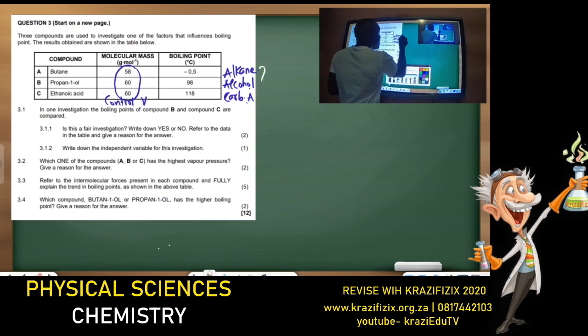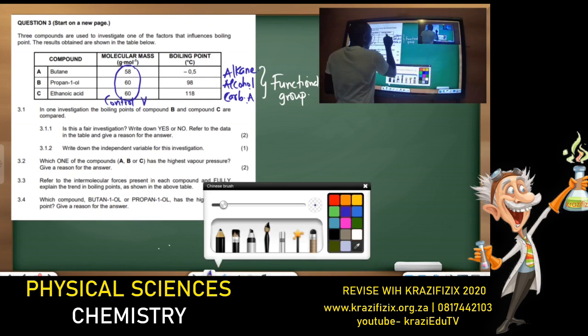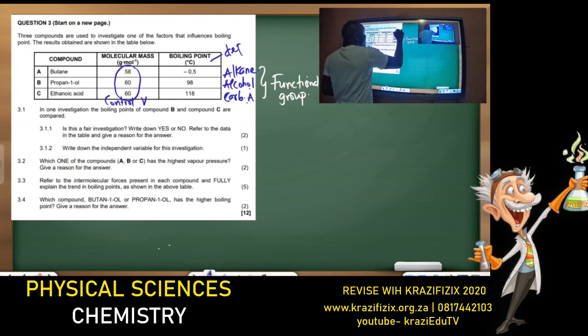So I am changing my functional what? Group. That's going to be my independent variable. What I am changing becomes my independent variable. And boiling point, because that's the result, becomes my dependent variable. So the functional group of a compound determines its boiling point.